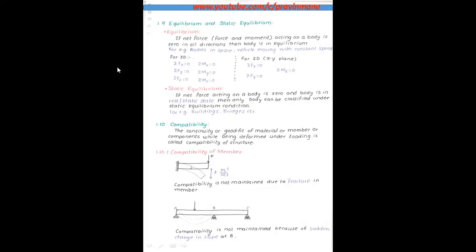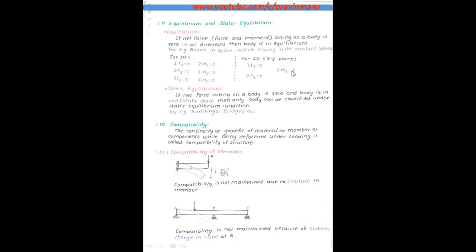So for 3D, summation Fx is equal to 0, summation Fy is equal to 0, summation Fz is equal to 0, summation Mx is equal to 0, summation My is equal to 0 and summation Mz is equal to 0. If a 3 dimensional body is in equilibrium, it is called pure equilibrium. And as far as 2D is concerned, in the xy plane, summation Fx is equal to 0, summation Fy is equal to 0, and moment about z is equal to 0.